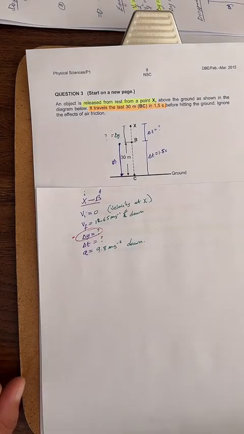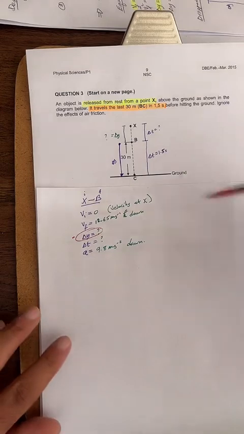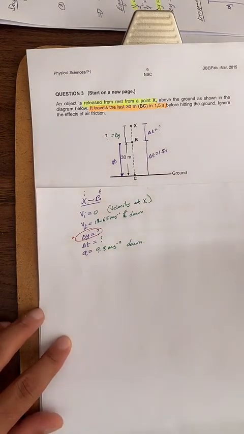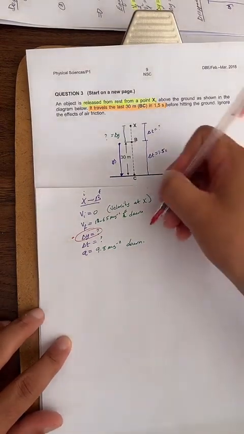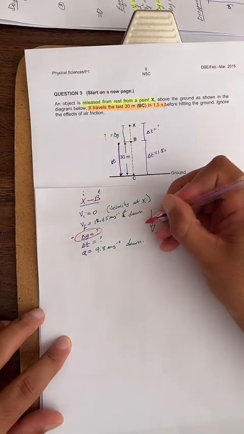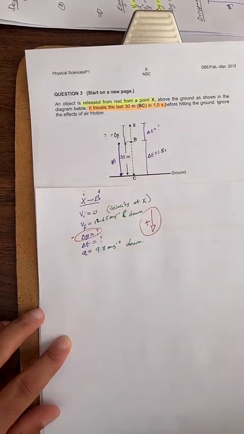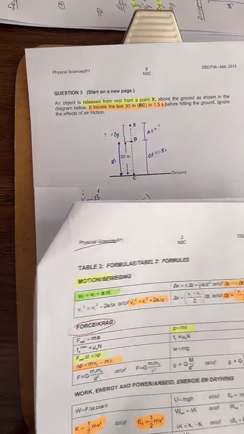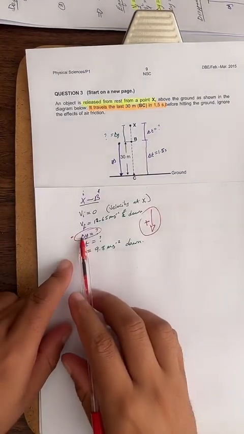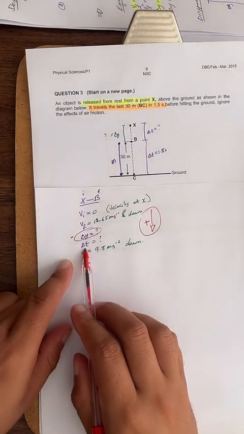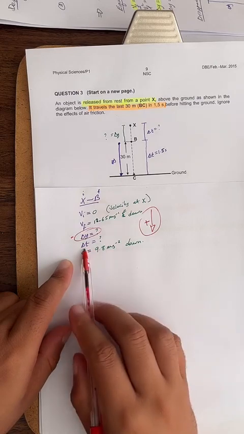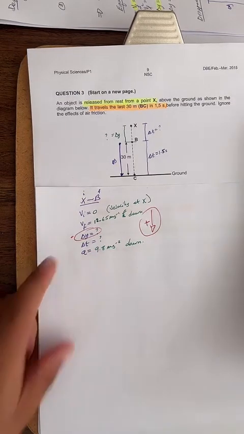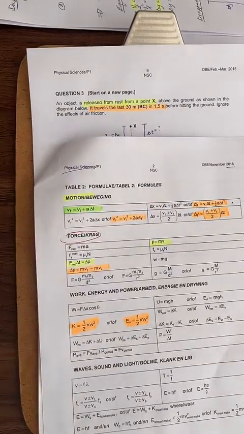Which formula do we choose then? Before the formula, the direction that we choose as positive: this object is not going up, it's coming down only. So let's choose down as positive, and now choose the right formula. We are looking for change in y, so we must avoid anything that has time, because we also don't have time. So we go to the formula sheet, avoiding time.